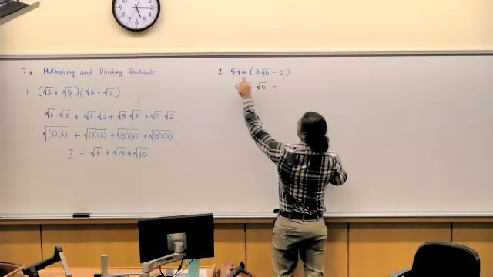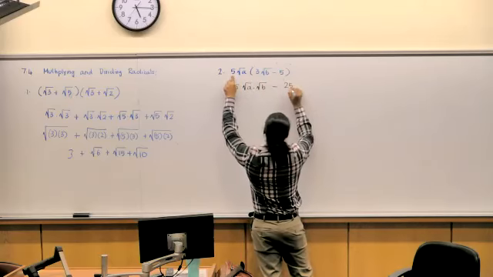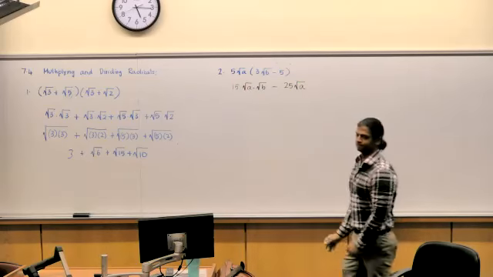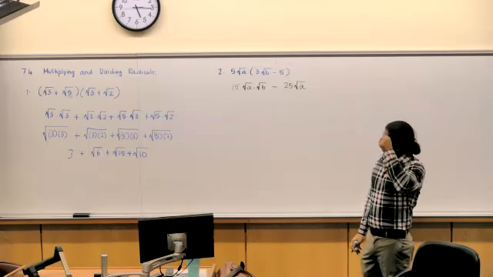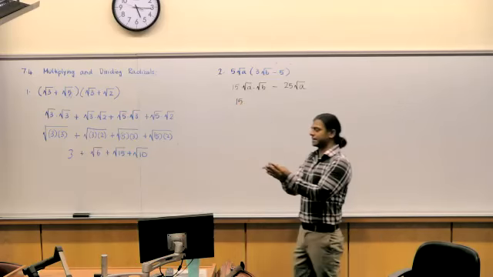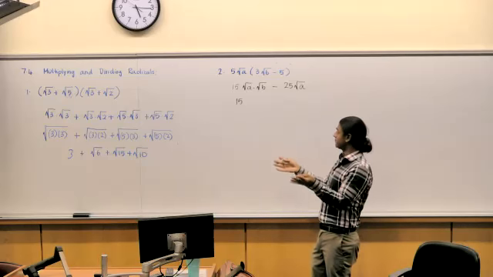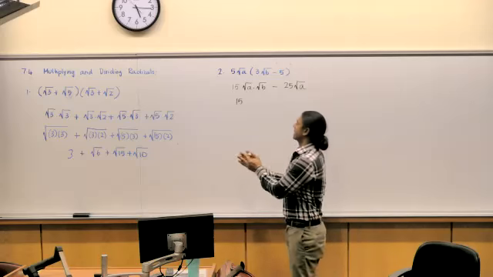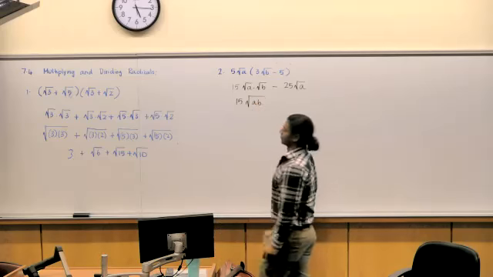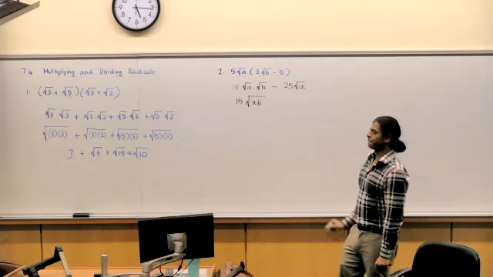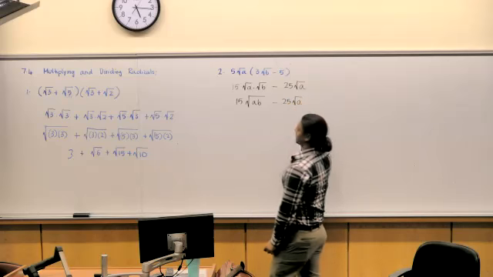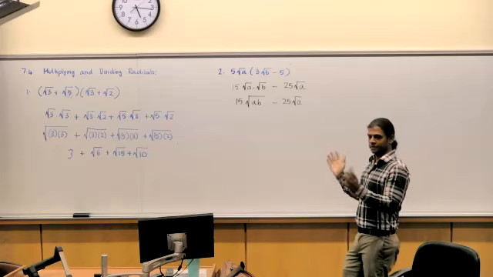Minus 5 times 5, 25, root A. Just like I can split a radical into a product, I can put them together as well. So square root of AB minus 25 square root of A. Does that make sense?